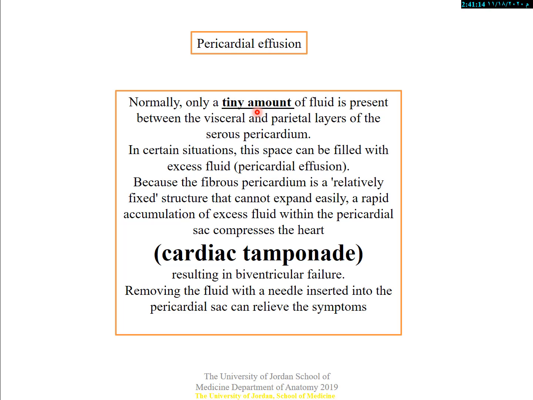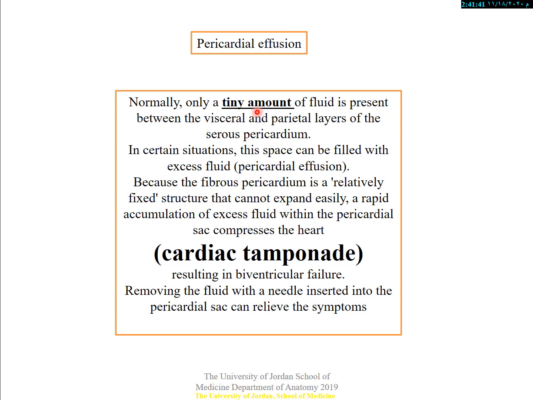In certain situations, this space can be filled with excessive fluid, pericardial effusion. Because the fibrous pericardium is a relatively fixed structure that can't expand easily, a rapid accumulation of excess fluid within the pericardial sac compresses the heart, causing cardiac tamponade.